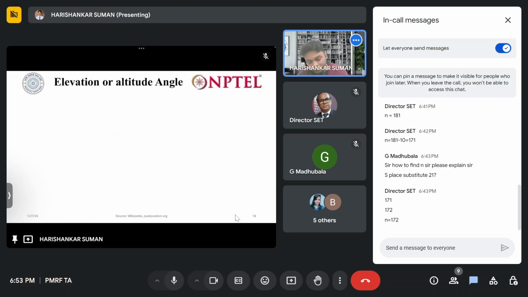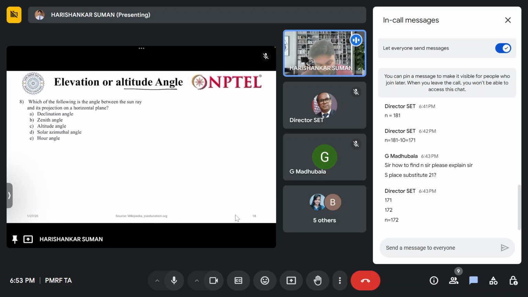Next, elevation angle or latitude angle. What is it? Which of the following is the angle between the sun ray and its projection on a horizontal plane? You can see in the picture also.